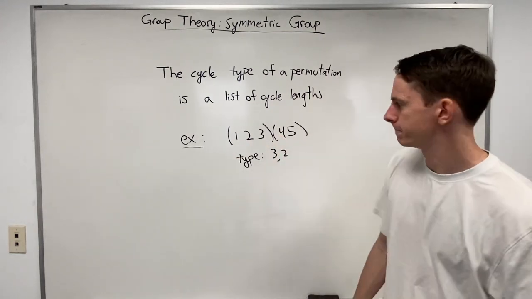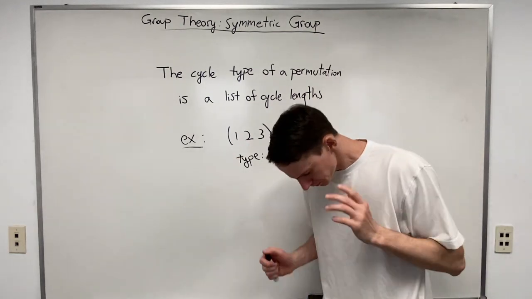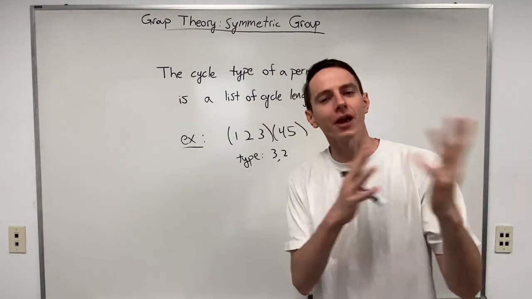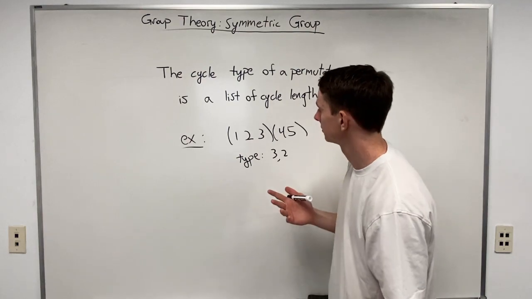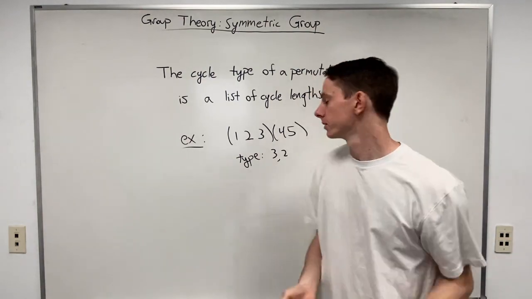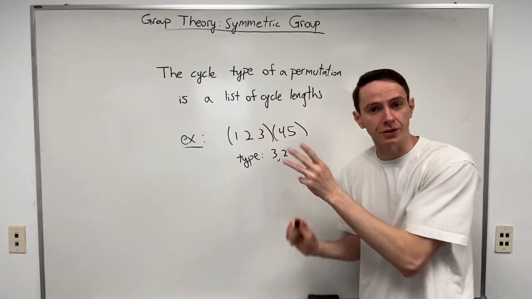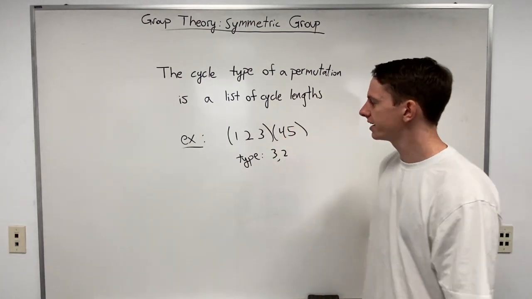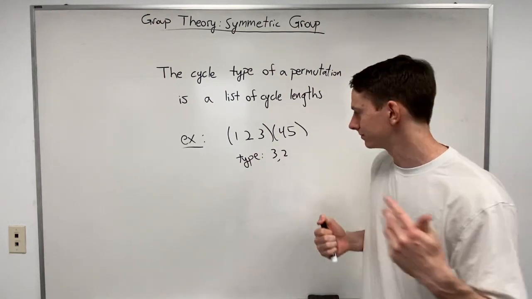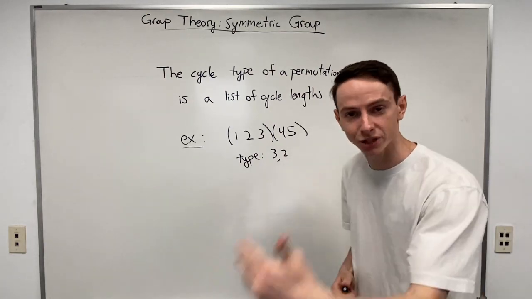While this is an okay way of describing or classifying a permutation, there's definitely nothing wrong with doing this. You can probably imagine that there are going to be many different cycle types.